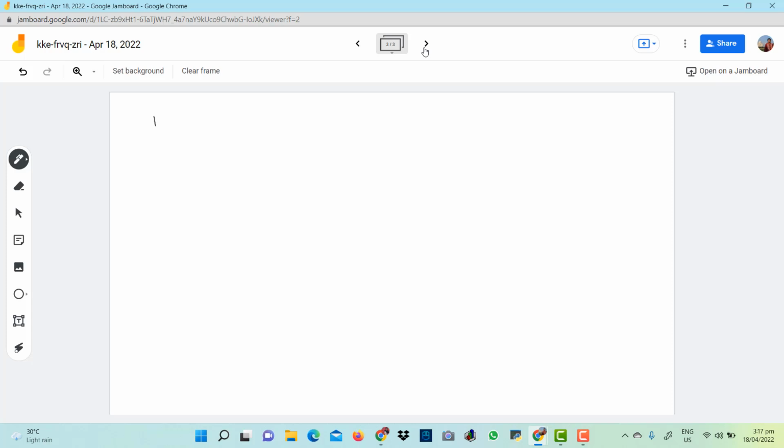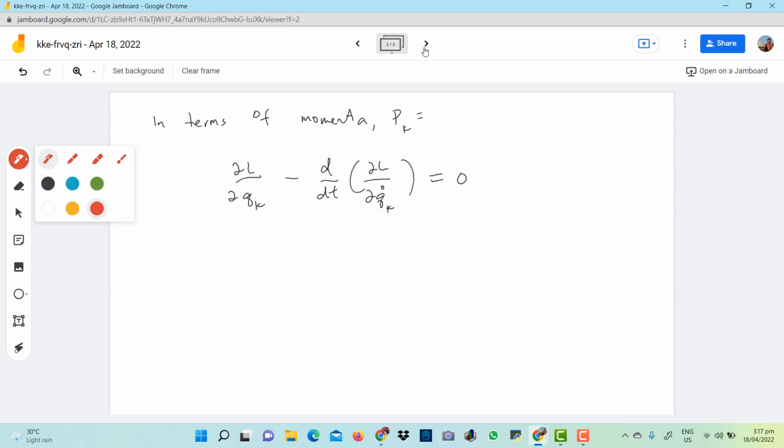In terms of momenta pk, this is actually equal to partial L with respect to qk minus d/dt of partial L with respect to qk dot, equal to 0. And take note, what is in the parenthesis can be expressed as pk.